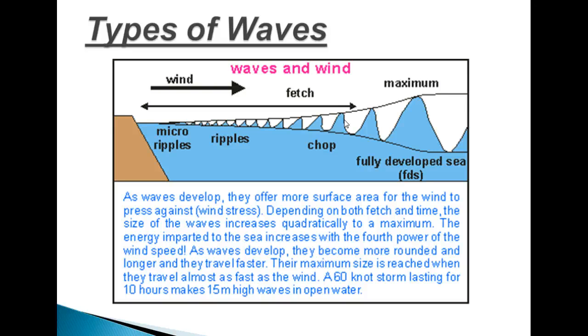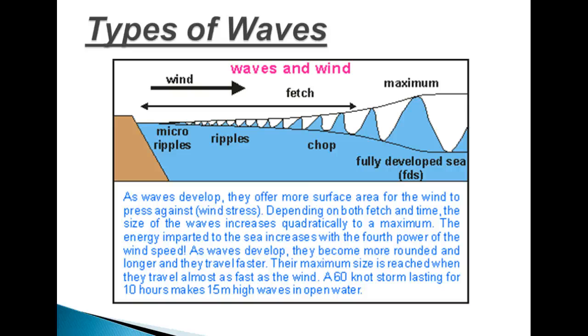So, let's get the wave progression steps in your notes now. So we've gotten the factors, we've gotten some conclusions. Now let's get the wave progression steps. So, number 1, as waves develop, they offer more surface area for the wind to press against.